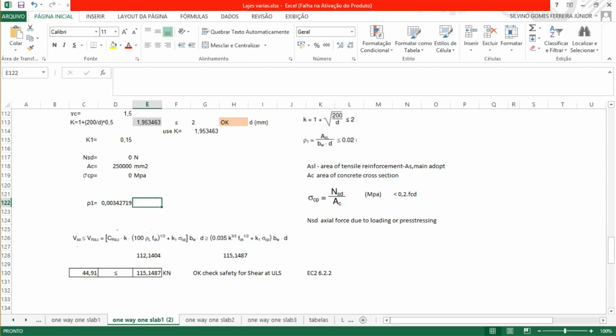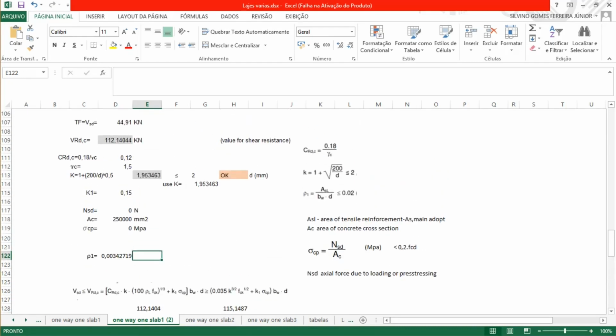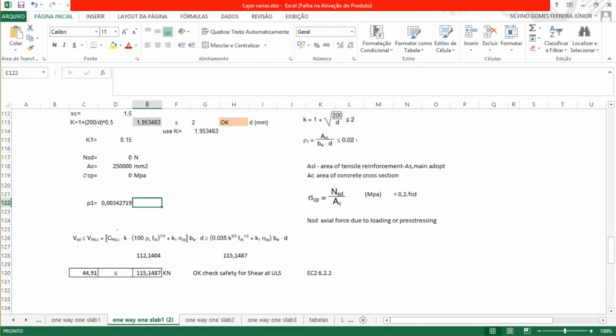If it's less than 0.02, it means the steel is going to yield before the concrete, so it's fine. It's what we want. So what I was saying is that it checked for safety for shear at the ultimate limit state.